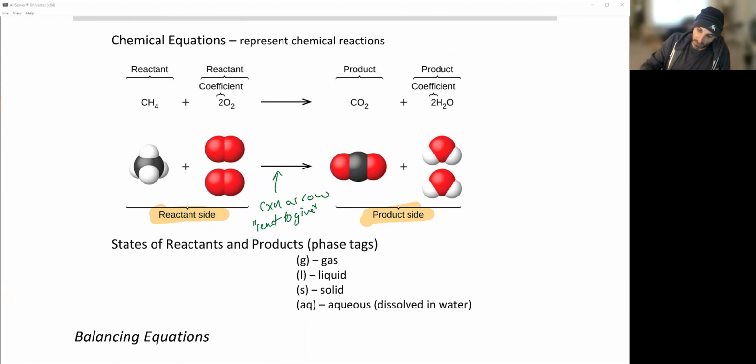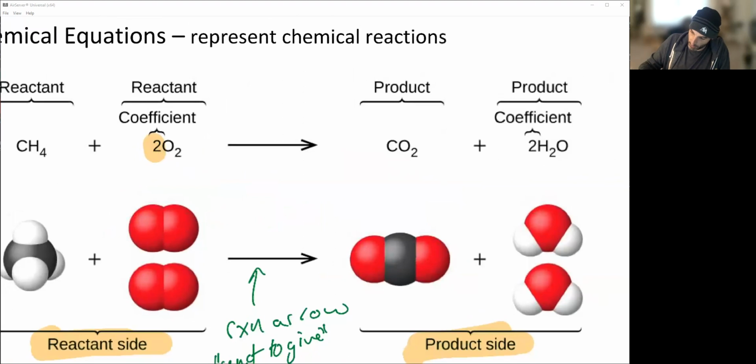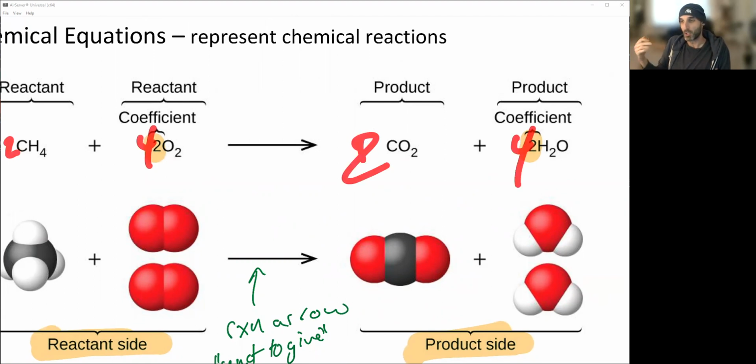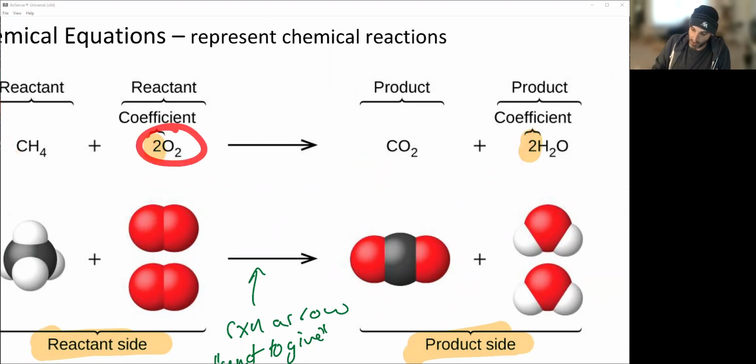A couple of things: we can always change the coefficients. The coefficient out front, we are absolutely allowed to change those. You could double all of those if you wanted to. So we could change this so we had 2, 4, 2, 4, and that's totally fine. What you can't do is alter the chemicals.